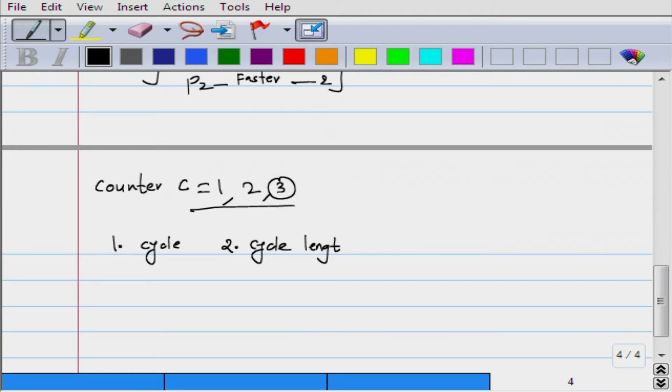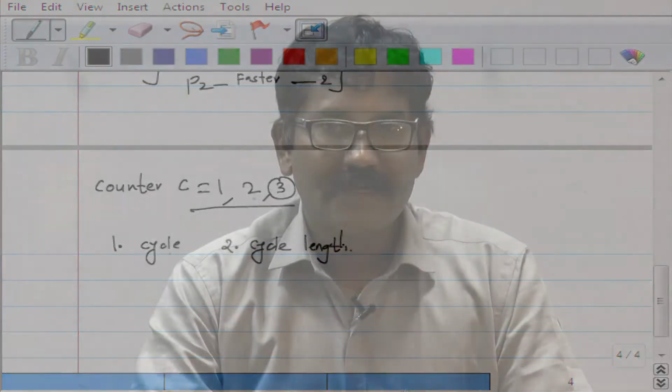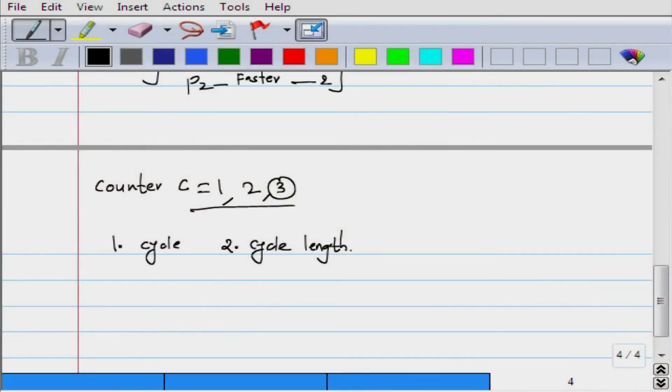Am I right? Now we will move on to achieving the third objective, that is the starting node of a cycle.